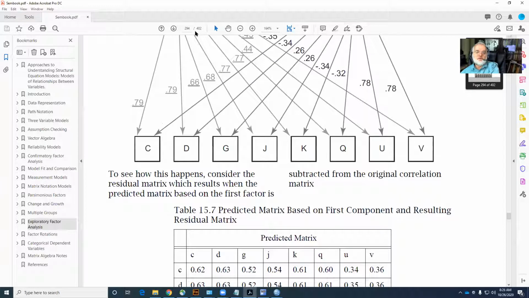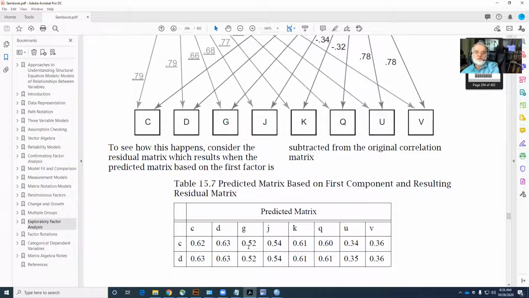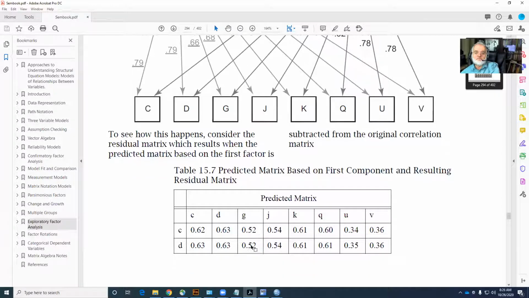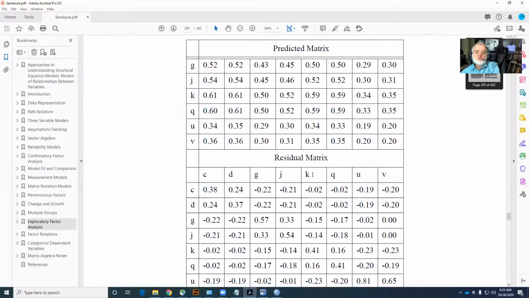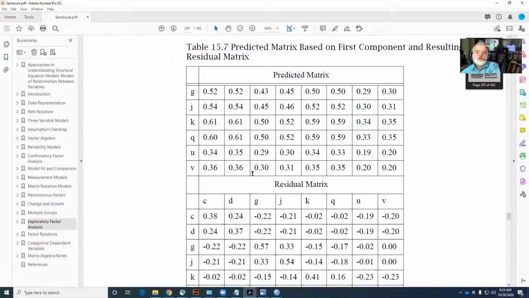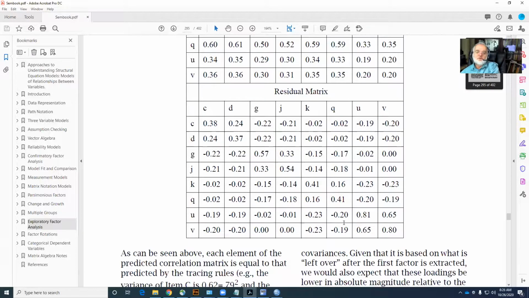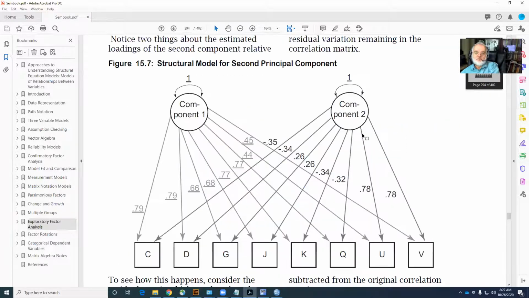And 0.79 times 1 times 0.66 gives me 0.52. So I subtract this from the original correlation matrix that had ones on the diagonal, and this gives me this residual matrix. And this is the matrix that is factored to produce these matrices of second component loadings.